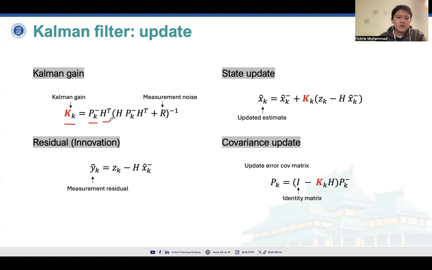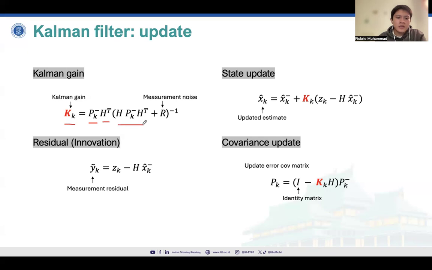So its transpose helps to transfer information from the measurement space back to the state space. So we want to transform the information from the measurements to the state, so we chip our measurement into our model basically.